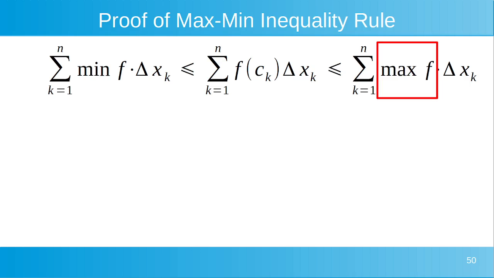And similarly, an f of ck value, that's some function value from a subinterval, is never going to be greater than the maximum function value over the entire closed interval from a to b.